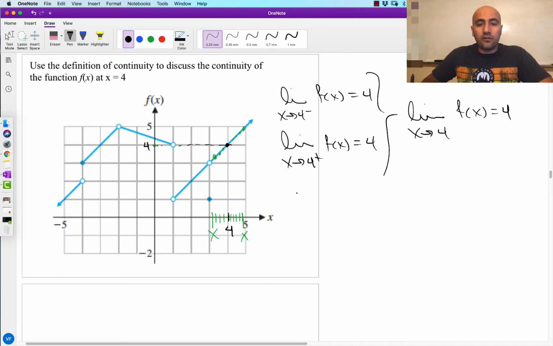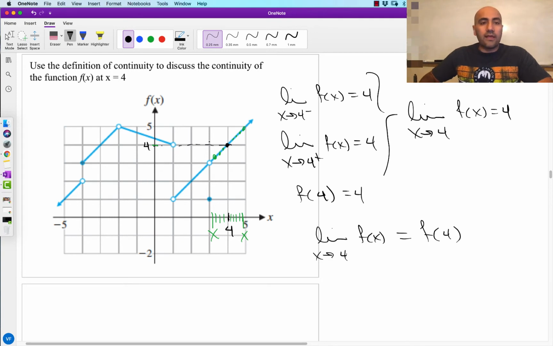Also, if I evaluate the function at 4, I can see that f of 4 does in fact map to 4. So f of 4 equals 4, and so now when I compare the limit as x approaches 4 of f of x to f of 4, it matches. This is true. The left side does exist and it equals 4. The right-hand side does exist and it equals 4. So finally we have a case where the function is continuous at 4.